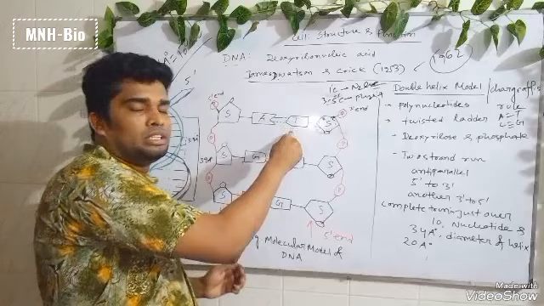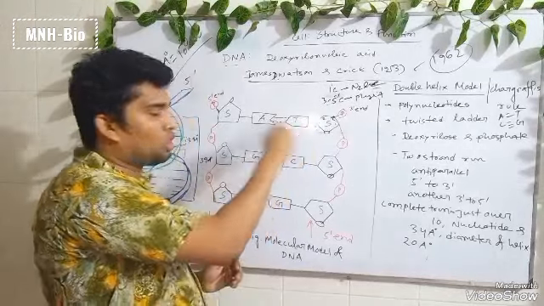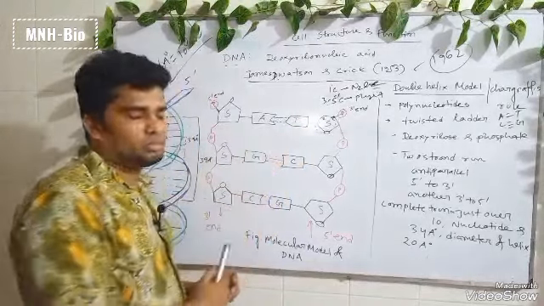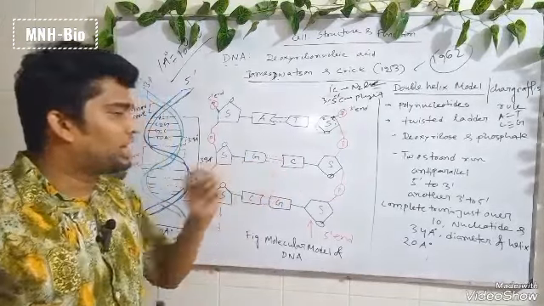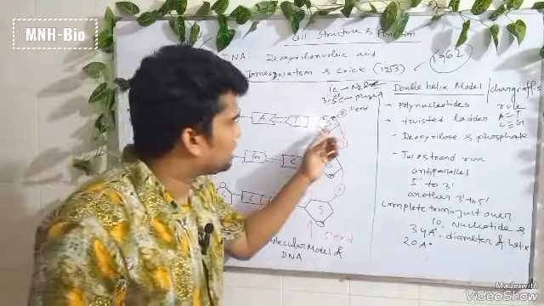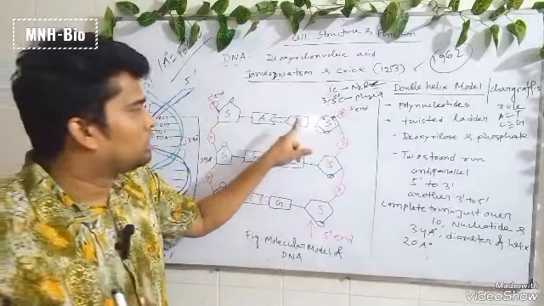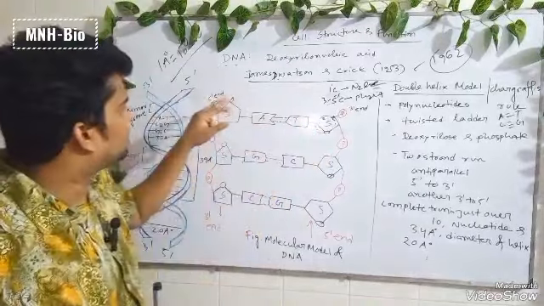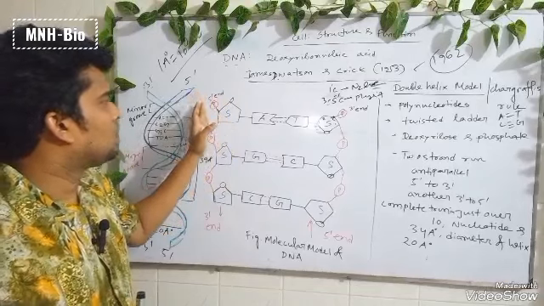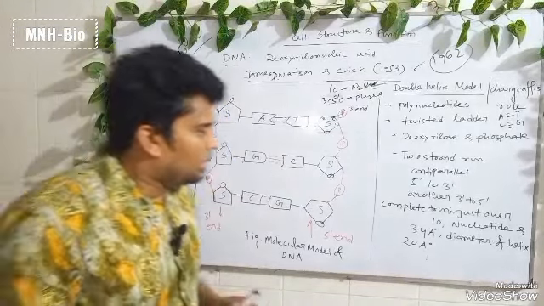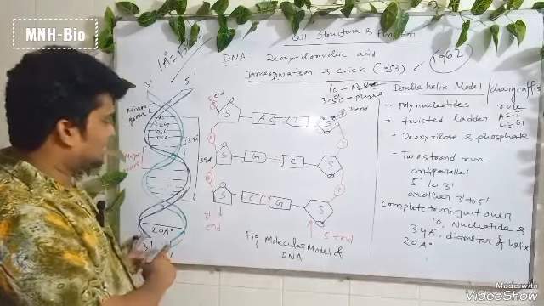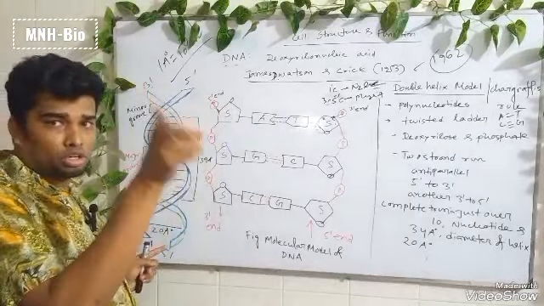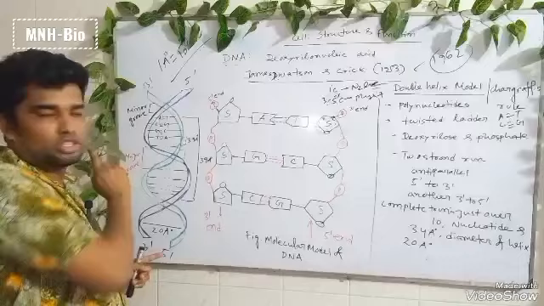Adenine is always connected with thymine by 2 hydrogen bonds, and guanine with cytosine by 3 hydrogen bonds. The number 1 carbon of the sugar is always connected with the nitrogen base, and the 3 and 5 carbons with the phosphate group. The diameter of the helix is always 20 Angstrom, and there are two grooves, minor and major.